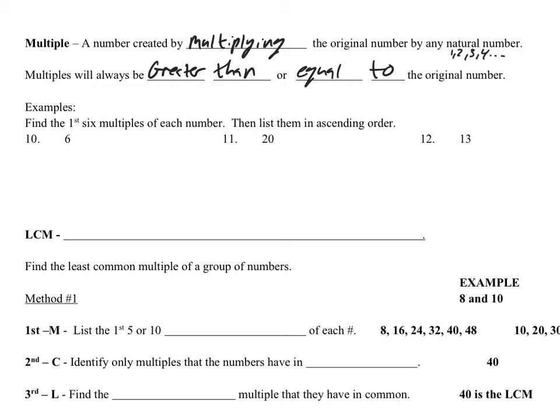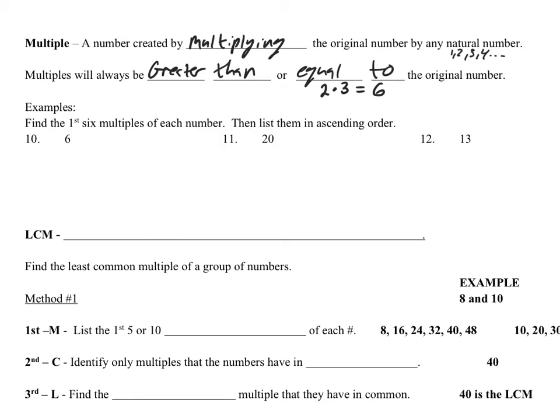An example of a multiple might be 2 times 3, which is 6. Okay, 6 is a multiple of both 2 and 3. So we want to find the first 6 multiples of each number and list them in ascending order.